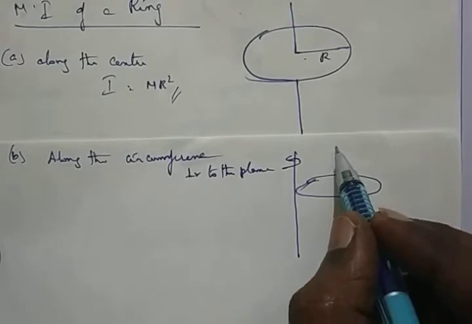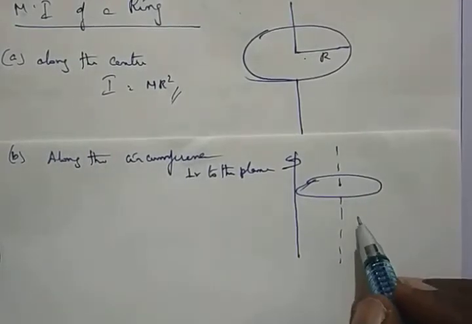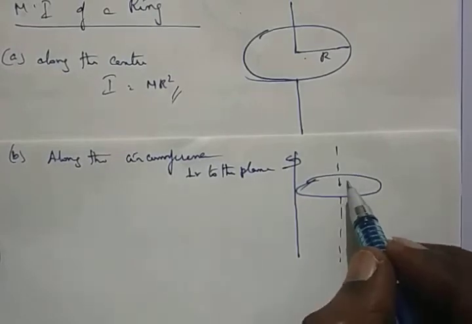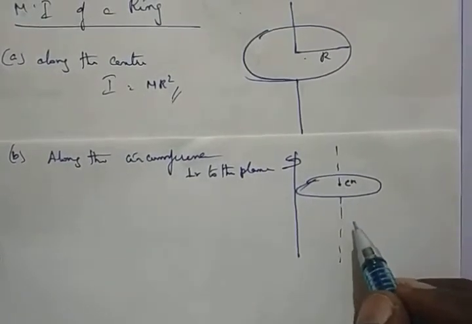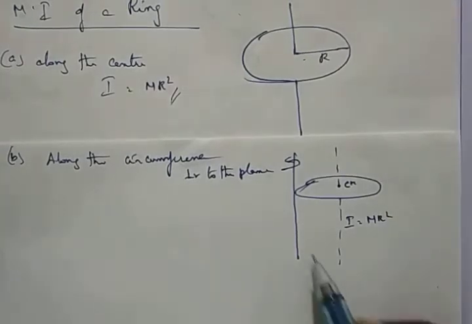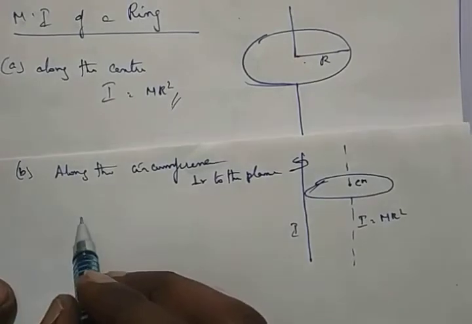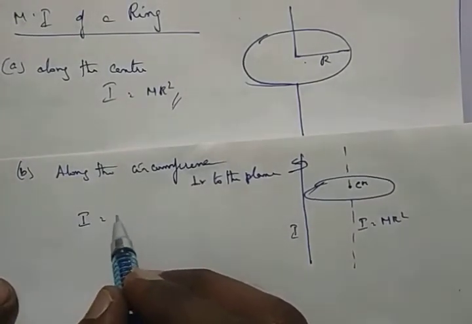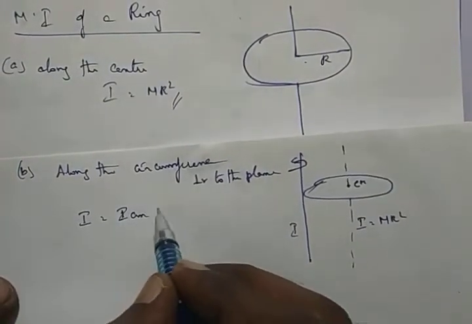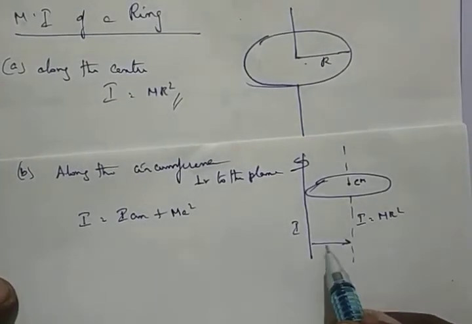And we already know this was the moment of inertia of the center of mass. This is the center of mass. Moment of inertia of the center of mass is already mr square. We already saw this one. What is this one? We need to find out. So do the same thing. I is going to be equal to I center of mass plus ma square. So what is this distance?